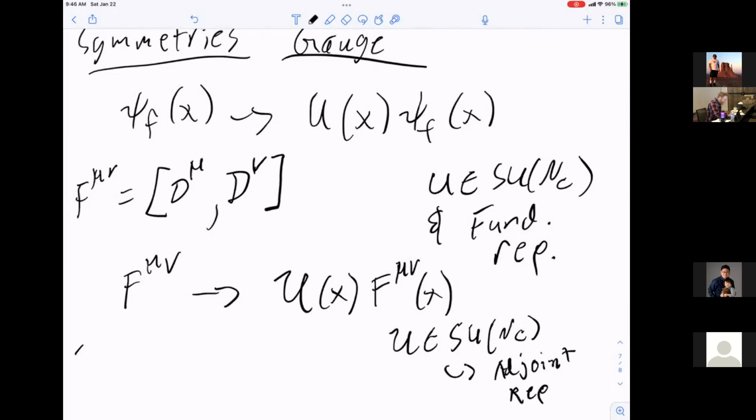Well, in case you don't know, U equals e to the i times something. That'll give you the map between the two. The fancy U is related to my fundamental U by just sticking in T^A, which right here are my fundamental generators.